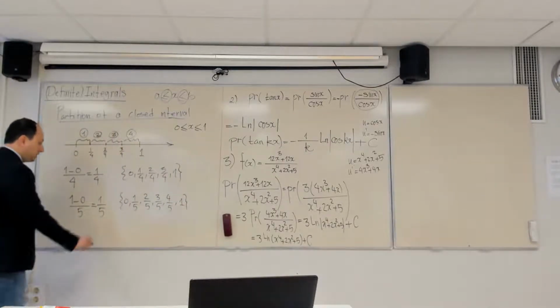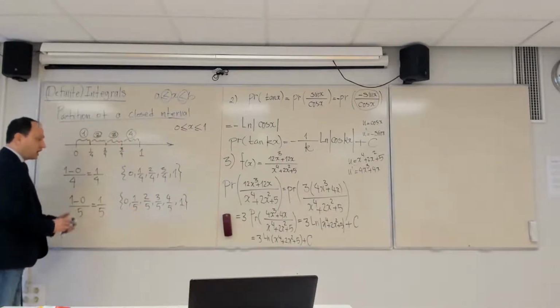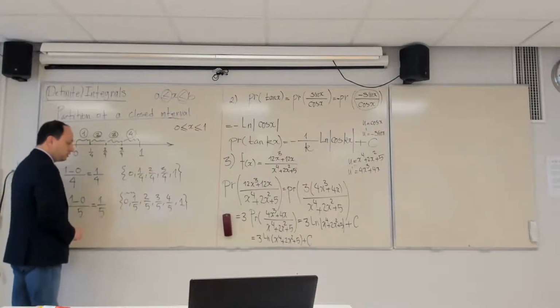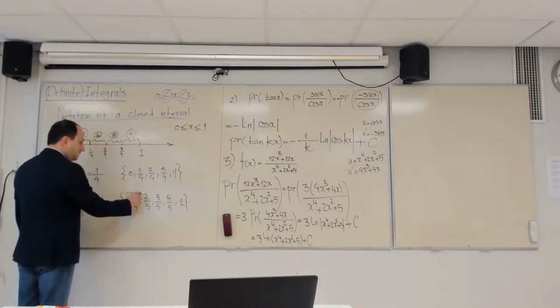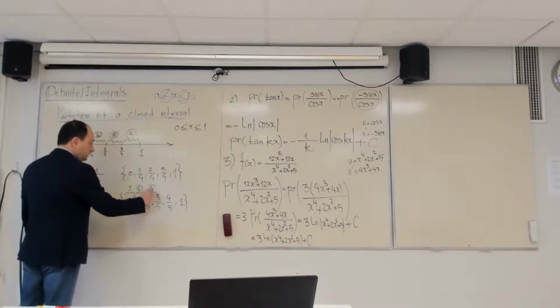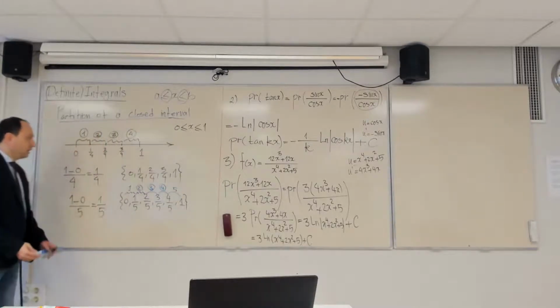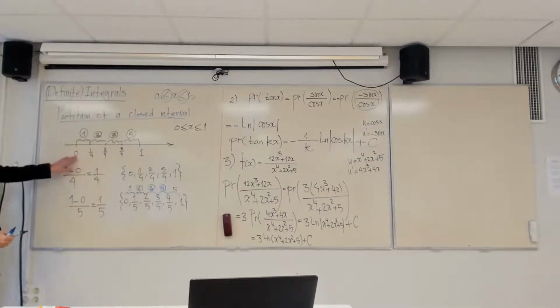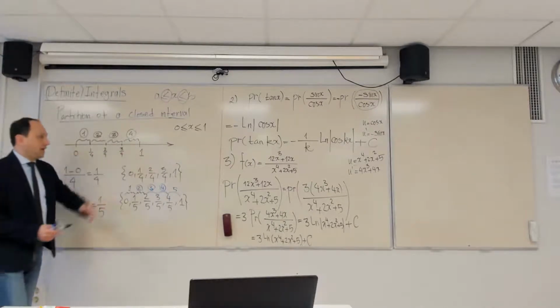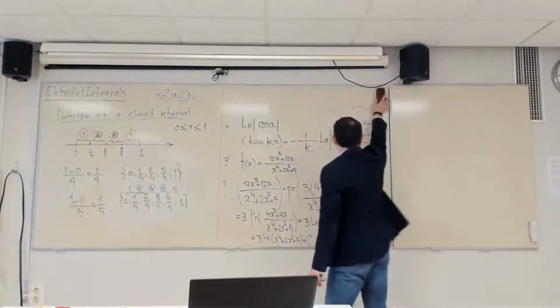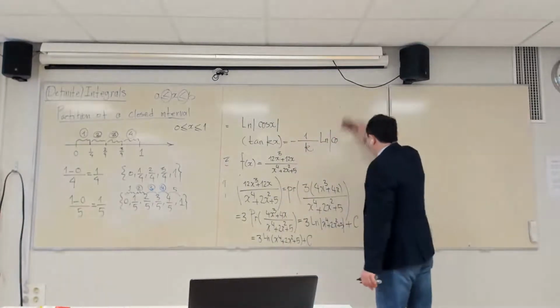This means that now I have 5 subintervals. The first subinterval is between 0 and 1/5. The second one is here. The third one is here. The fourth one. And finally, the fifth one. It doesn't matter what these numbers are. I can ask you to partition an interval from, for example, 2 to any number.